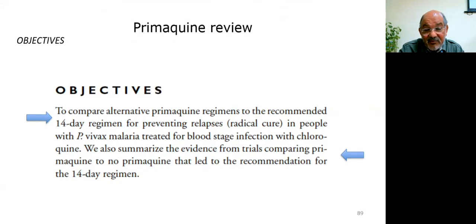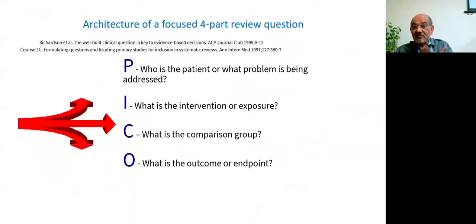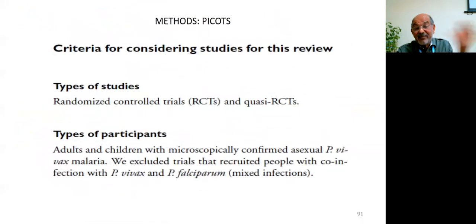Then we have to make sure we get the PICO, because that will help search better. So, type of studies: randomized controlled trials or quasi-randomized trials. What are quasi-randomized trials? Where you can anticipate who's going to get what, every third day, that kind of stuff, where you cannot conceal allocation.